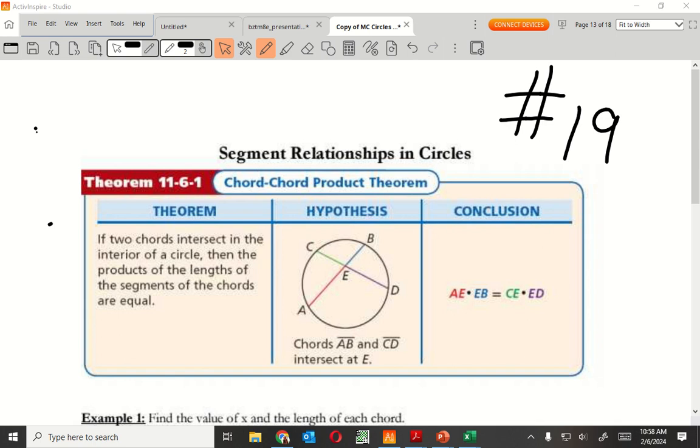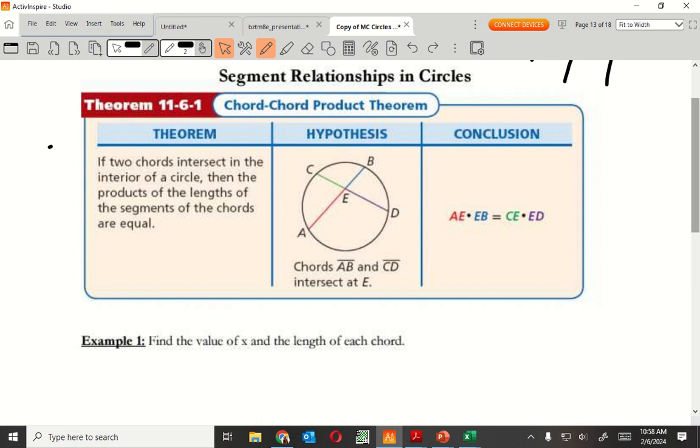Okay, chords and products. If two chords intersect in the interior, which means on the inside, they cross on the inside of a circle, then the product of the lengths of the segments of the chords are equal.